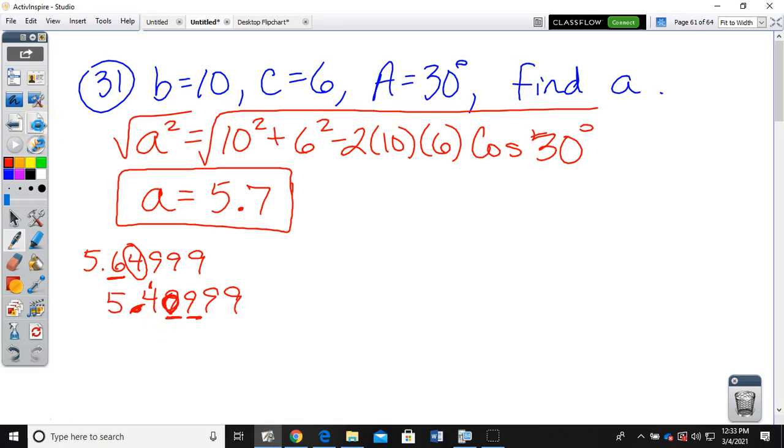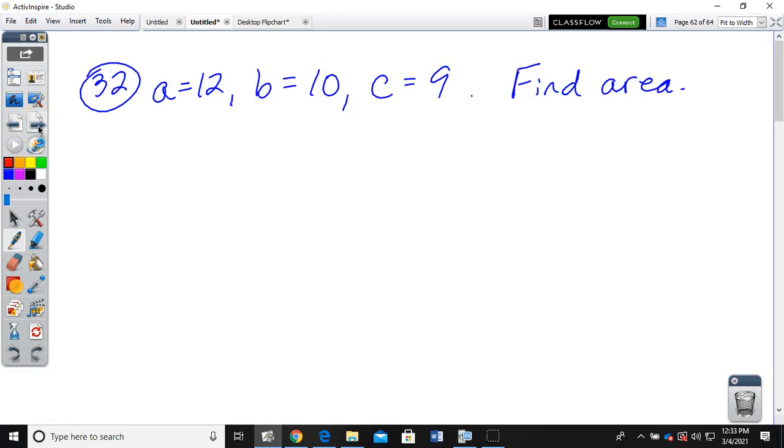All right, the last 2. You're finding area. Okay? What did they give me to find the area? All 3 sides. Okay, so I need to find what they call an S, which is half of the perimeter. Okay? S is 1/2. How do you find the perimeter? Add them all up. 12 plus 10 plus 9. Half of that would be what? Let's see.